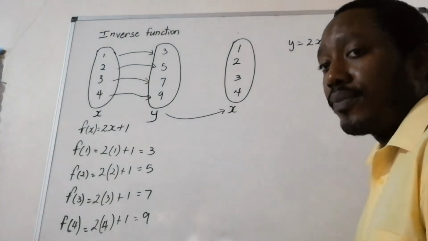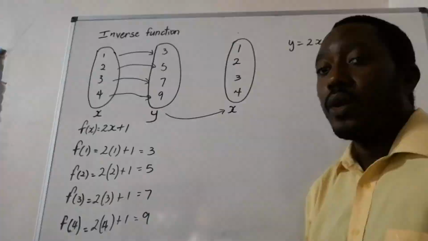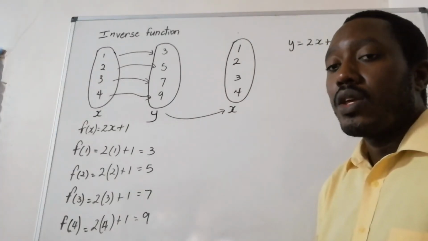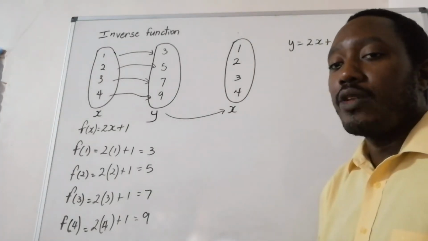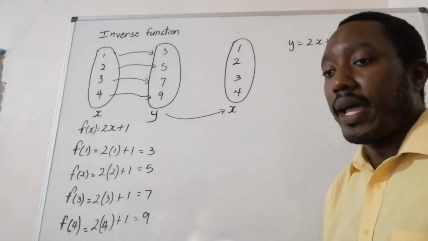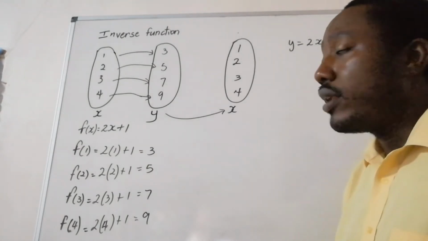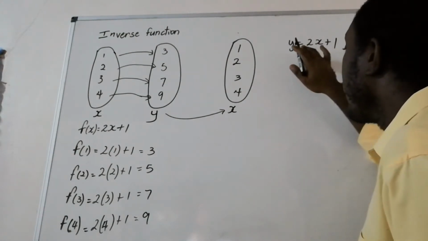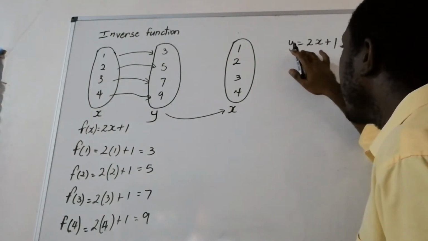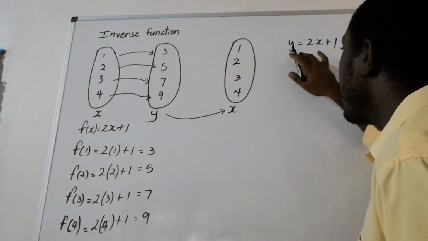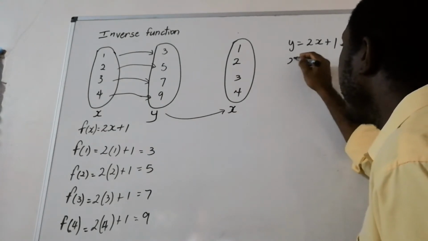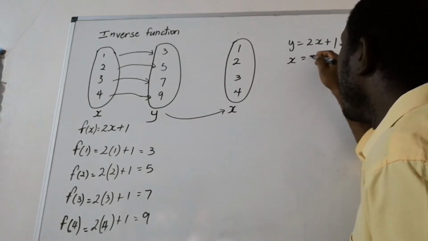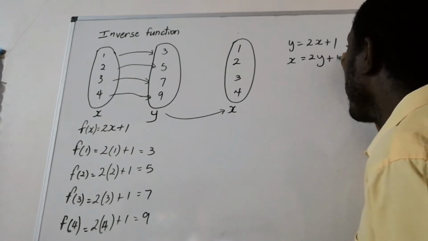The next thing we do, wherever y is, we replace it with x, and where x is, we replace with y. So step 1, make the function equal to y. Step 2, replace the value of y with x and x with y. So we now have x is equal to 2y plus 1.